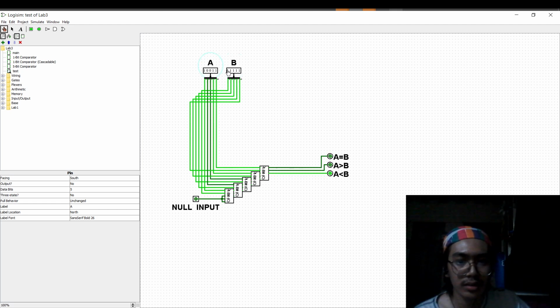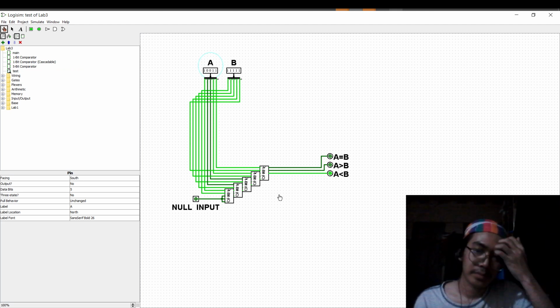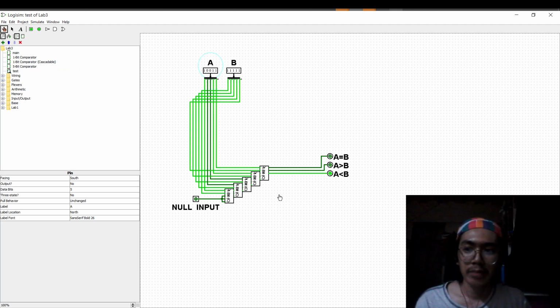As you can see, 1, 0, 0, 1, 1 is less than 1, 1, 1, 1, 1. So with this cascadable 1-bit comparator, we can now create a comparator for bits that are more than 1.